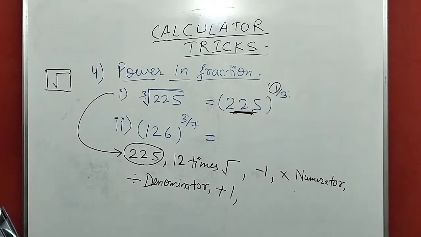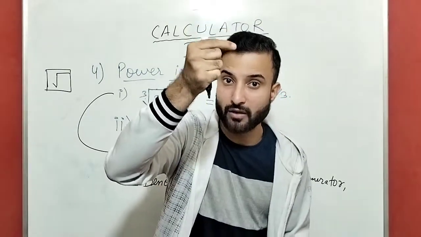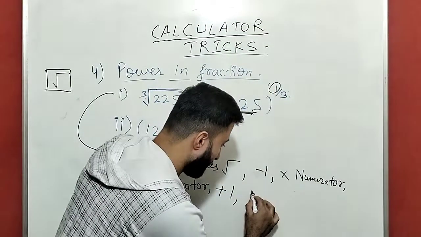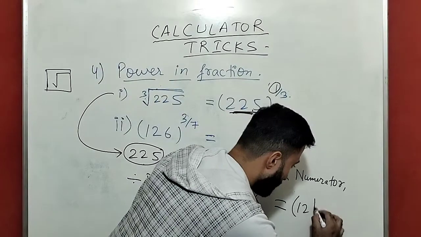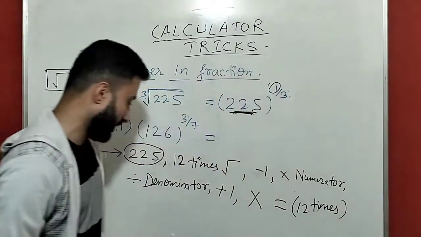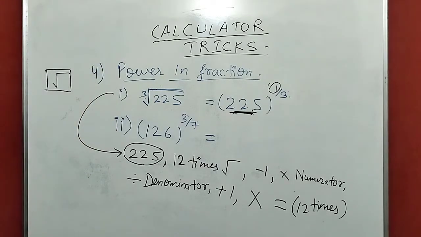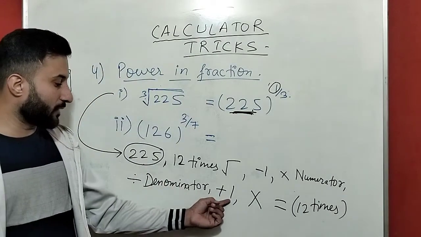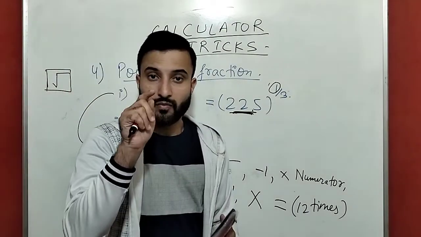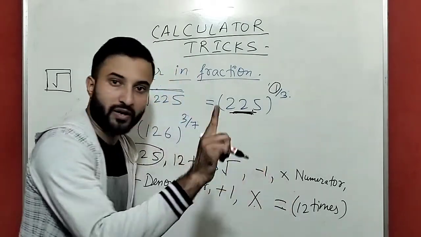After that, very important, you have to type the multiply sign, then the equal sign. This is one time; you have to do it 12 times. After doing till plus 1, we press multiply, then equal, that is one time.